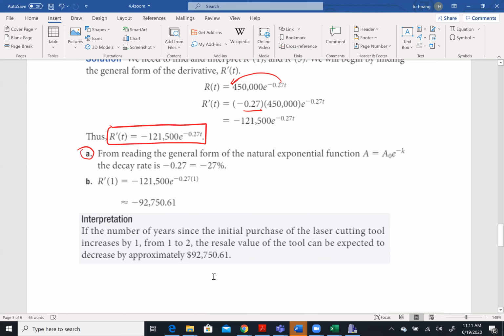B is if the number of years since the initial purchase of laser cutting tool increase by 1 from 1 to 2, okay, then the resale value of tool can be expected to decrease by approximately 92,750.61 cents. So usually, because this is talking about dollars, you need to round to 2 decimals.